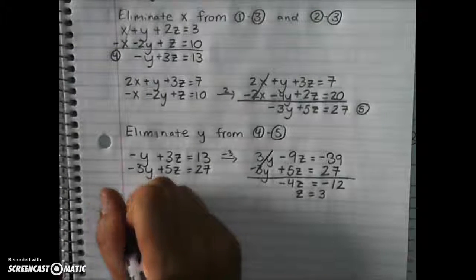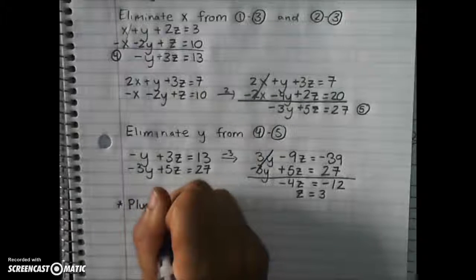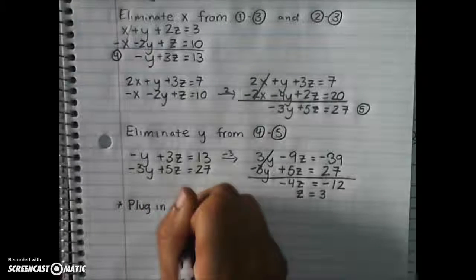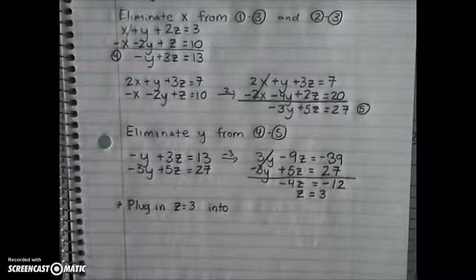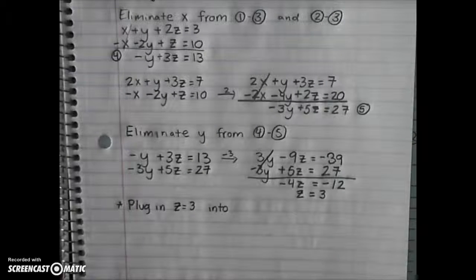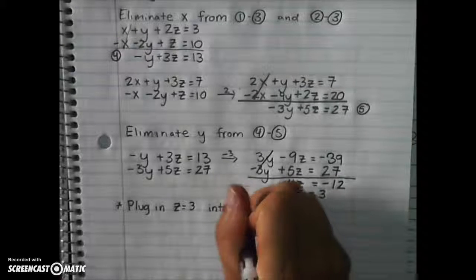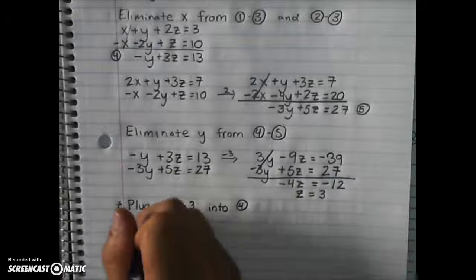Next thing we're going to do is plug in z equals 3 into, we can choose equation 4 or equation 5. Which one do you want to plug it into? 4 looks easier? Okay, so it's going to go into 4.